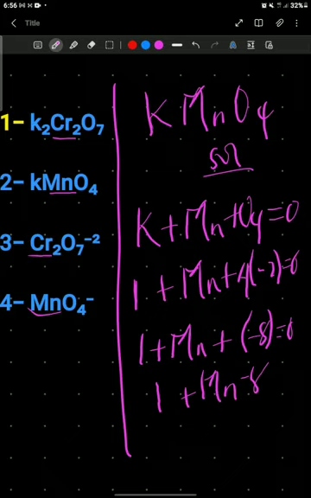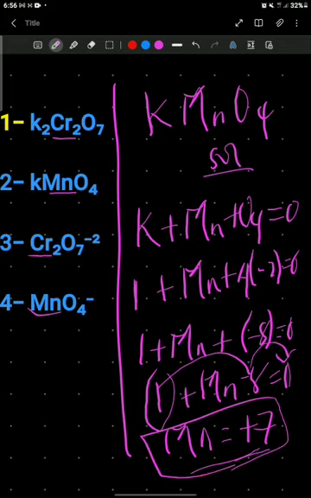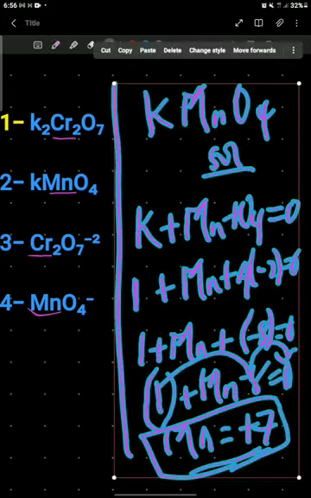So 1 plus Mn minus 8 is equal to 0. So Mn is equal to plus 7. You understand how I got plus 7: 1 minus 8 is minus 7, and when it crosses the equal sign, it gives you plus 7. So manganese is plus 7 in this oxidation number.